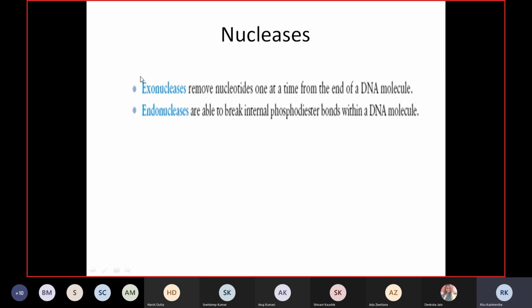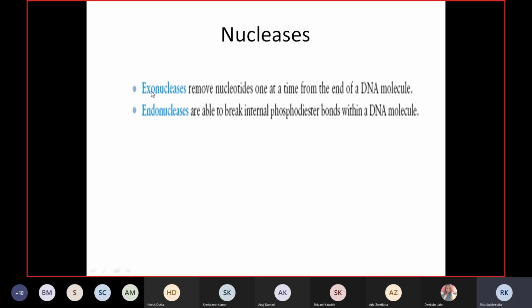So exonucleases are the ones which shorten the DNA from the ends. That is, they remove the nucleotides one at a time from the end of a DNA molecule. And within this category, exonucleases, we have many other types of exonucleases, and we'll come to that.